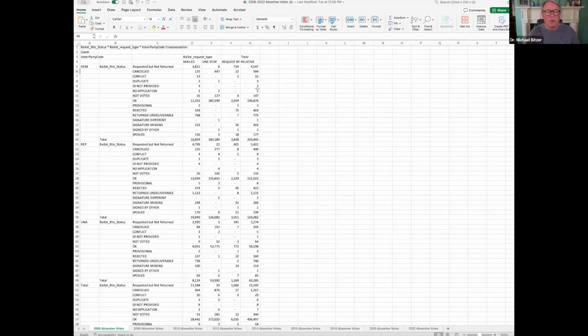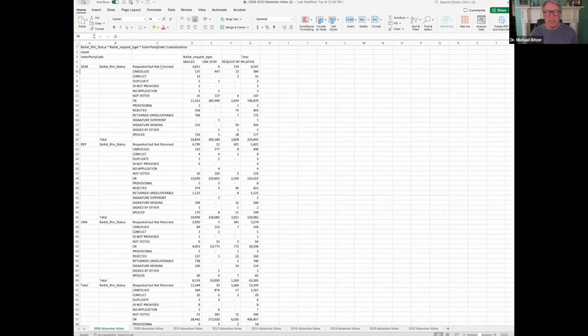What this first file, the 06 to 22 absentee votes, does is take the return status for each ballot that is an absentee ballot. An absentee ballot can be a mail ballot or what we typically call a one-stop, which is really in-person voting.